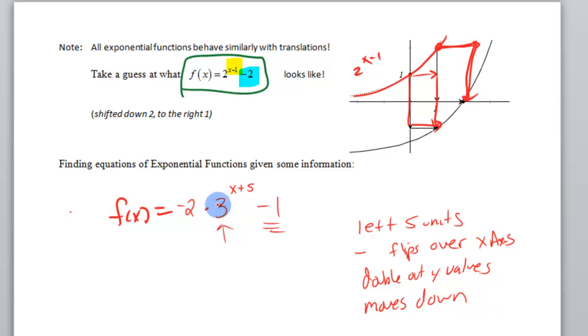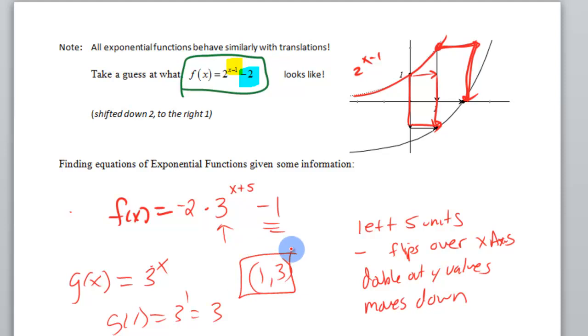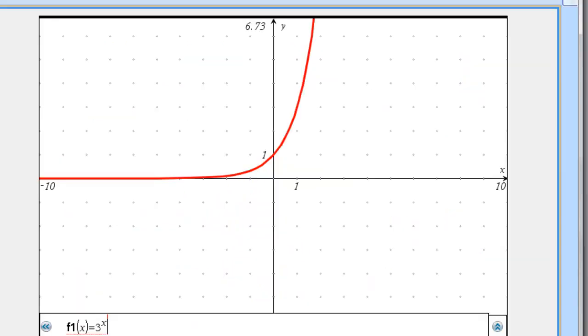So this is a regular 3 to the x that's been moved to the left, flipped over, doubled the output, and moved down 1. With the regular graph here, g, let's say, if you put 1 into that function, g of 1, you'll get 3 to the first, or 3. So there should be a point 1, 3 on this one. And we're going to see how that moves.